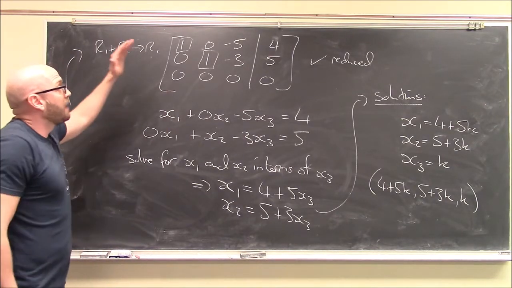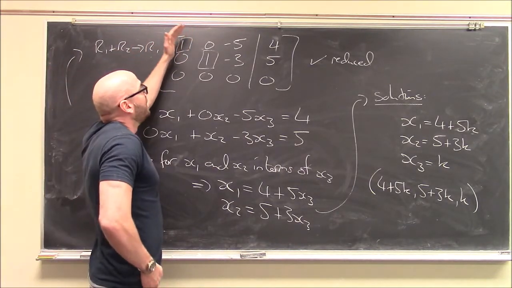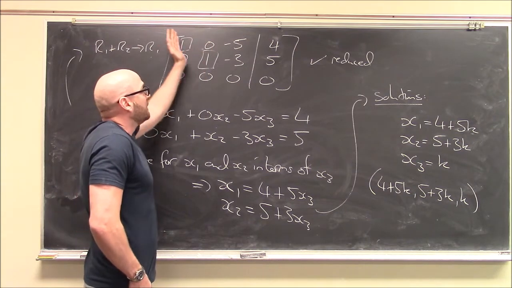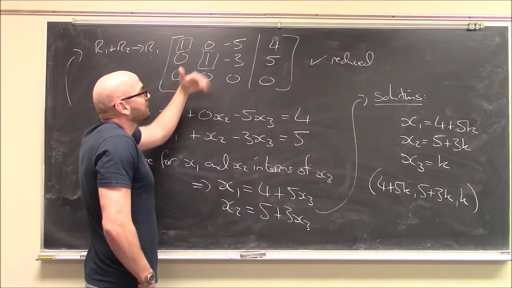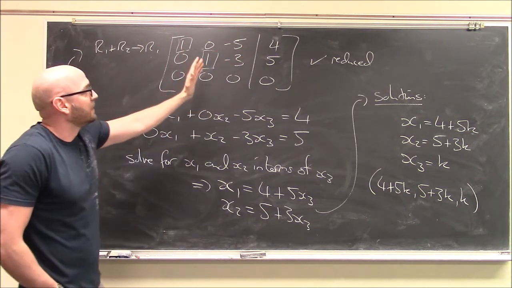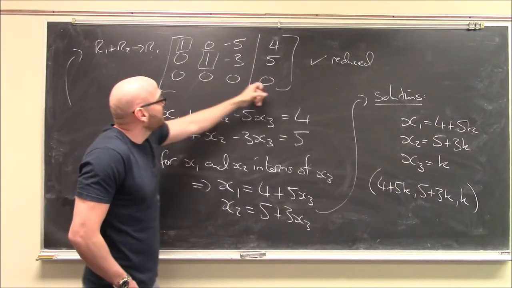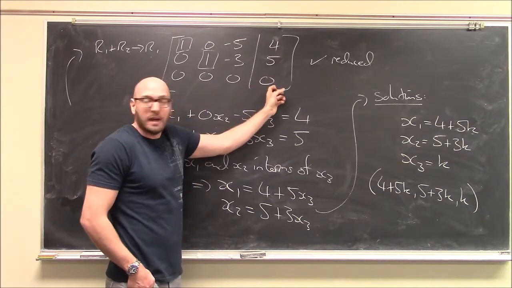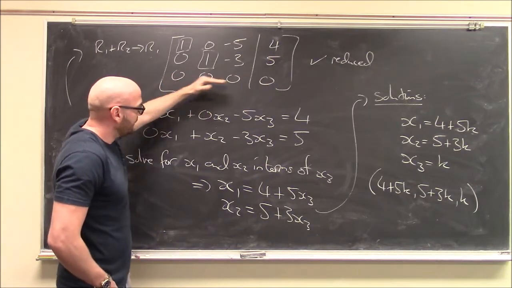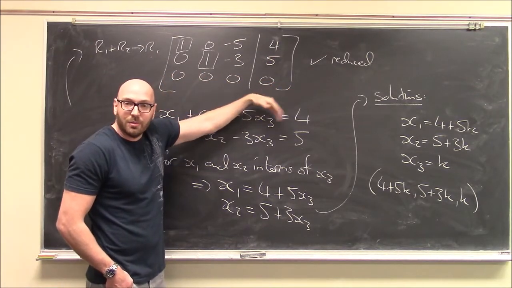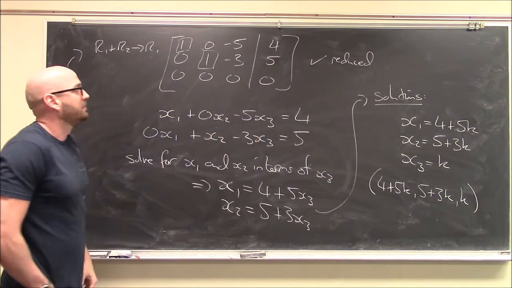So anyway, this is what happens when you don't have a leading one or leading entry in every single column. Then you're either looking at infinitely many solutions, or you might have a leading entry sort of over here to the right of the augmentation bar, which would of course mean you have 0 equals some non-zero number, and you're looking at an inconsistent system.